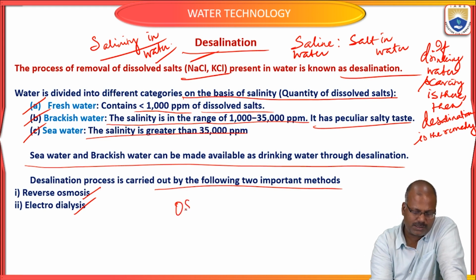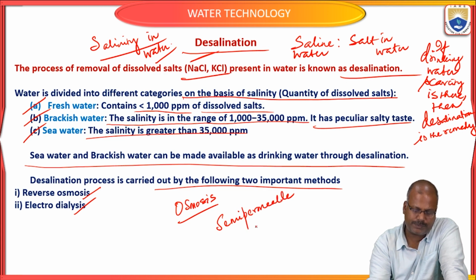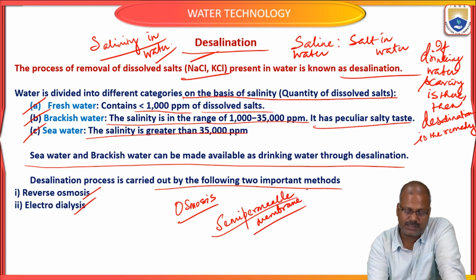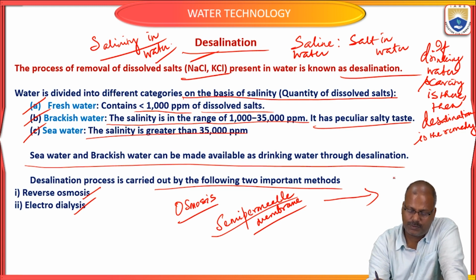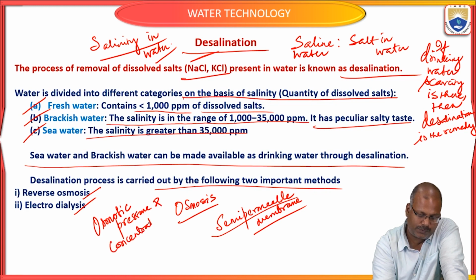We all know osmosis. In the osmosis process, solvent passes from the low solute concentration side to the higher solute concentration side through a semi-permeable membrane. This natural flow in osmosis is because of osmotic pressure and concentration of solute.